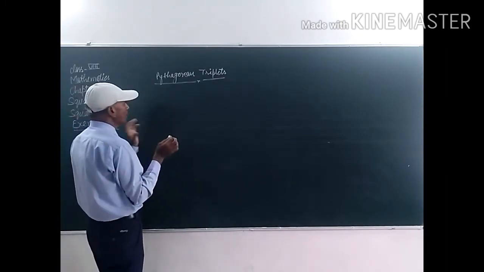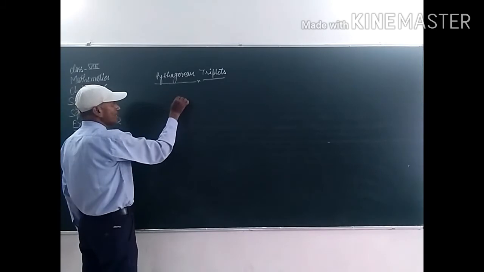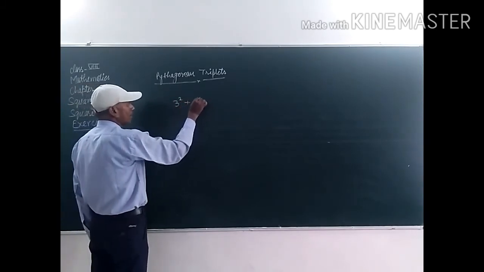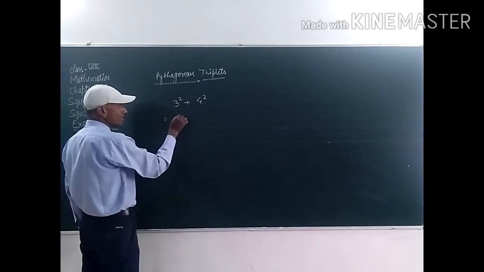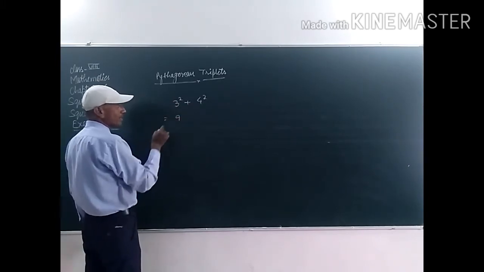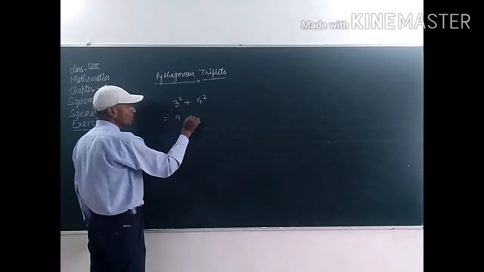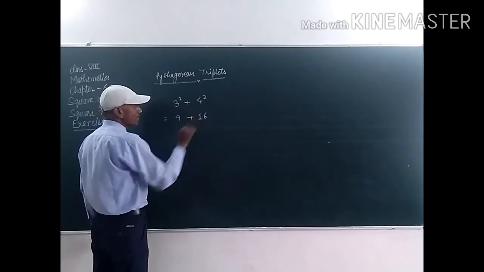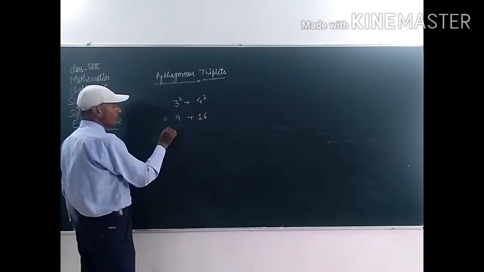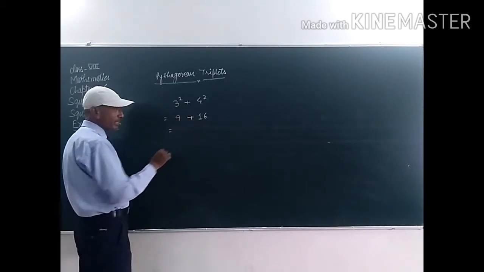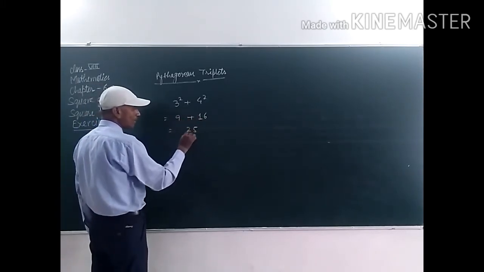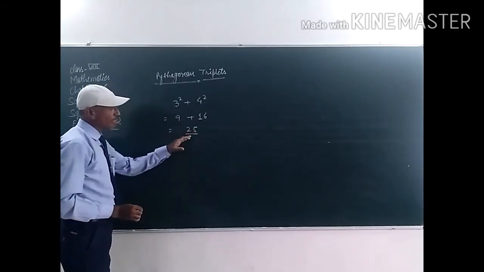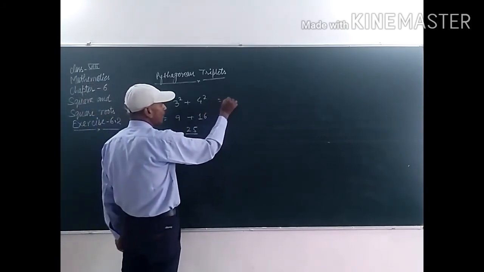So student, let 3 square plus 4 square, it means 3 into 3 is 9, plus 4 square, it means 16, student. And what will be the sum of these numbers? 9 plus 16, this one will be 25, and 25 is the square of 5.